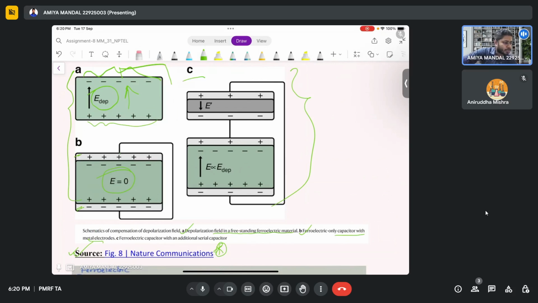And in these cases, a ferroelectric capacitor with an additional series capacitor, where an external E dash is also applied. So E is proportional to the depolarization field.